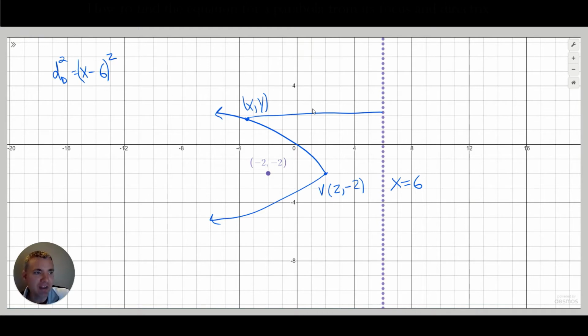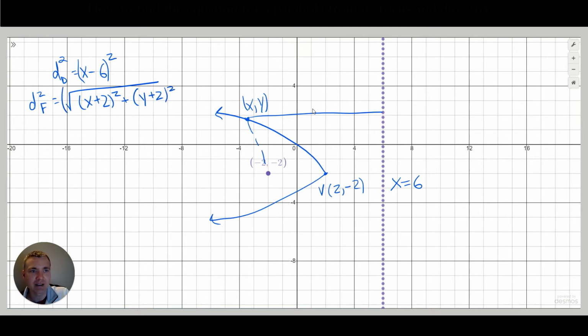I also know that the distance from the focus is the difference in the x-coordinates, which is x minus -2, or x plus 2, squared, plus the difference in the y-coordinates, which is y minus -2, or y plus 2, squared.